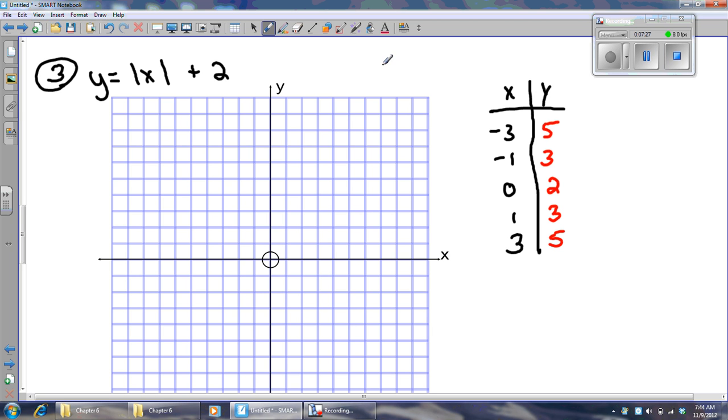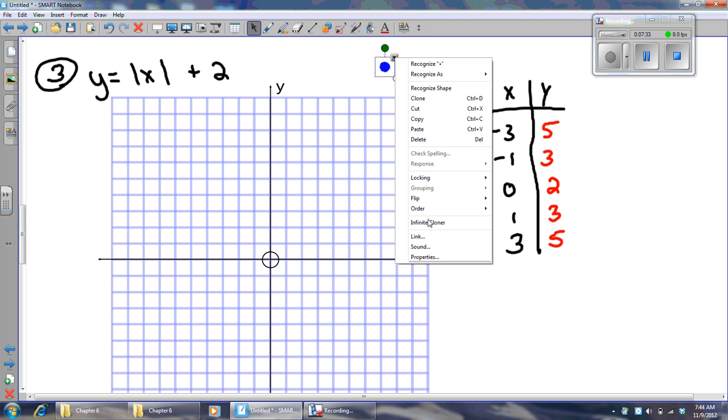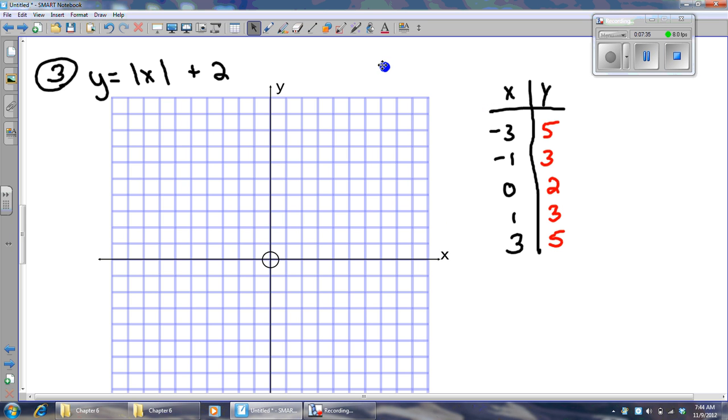All right. Let me infinitely clone him so I can feel powerful. There we go. And so I'm going to get -3, 5; -1, 3; 0, 2; 1, 3; and 3, 5.